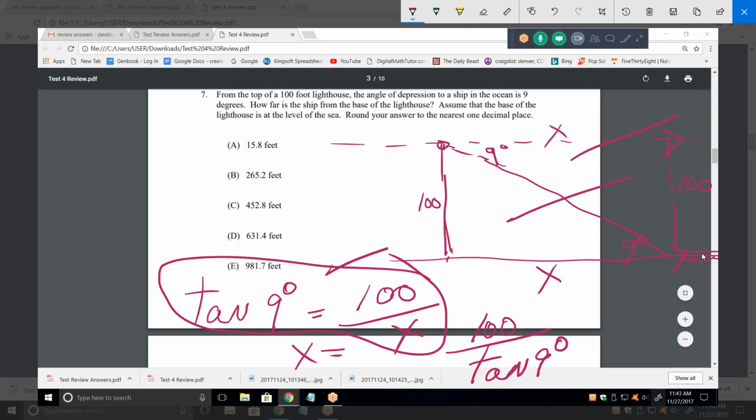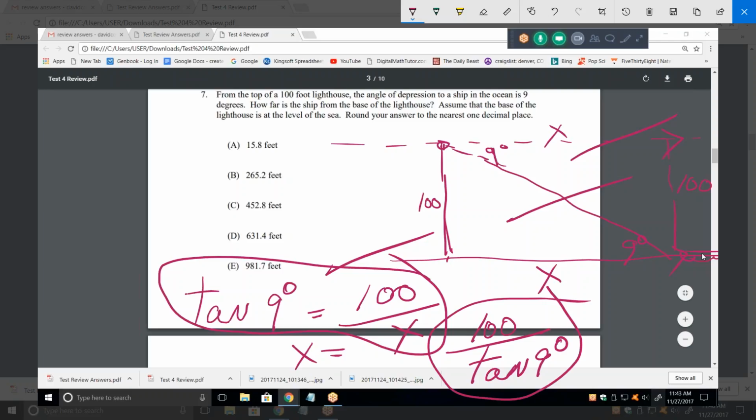Whenever you see this situation where your variable is in the denominator, what you're going to do is multiply both sides by x and then divide both sides by tan of 9. So do it quickly in one step and you get that instantly without having to go through 2 steps of algebra.